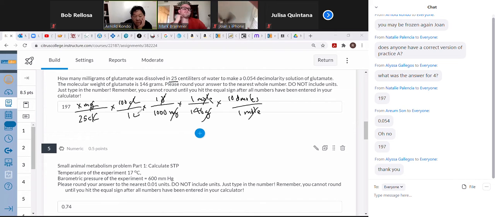So everything cancels out except for liters and decimals, 0.054 decimals per 1 liter.